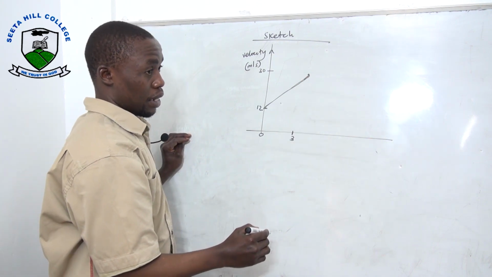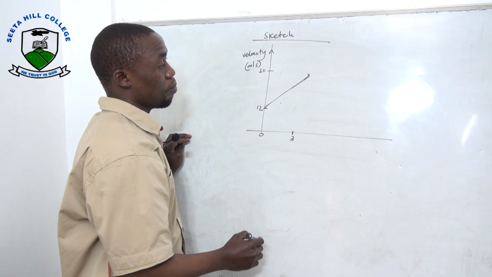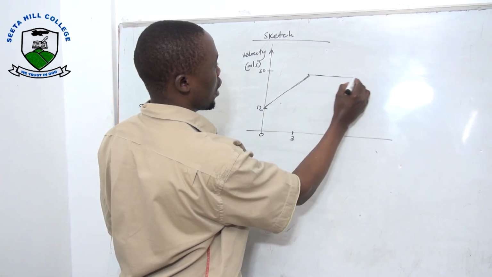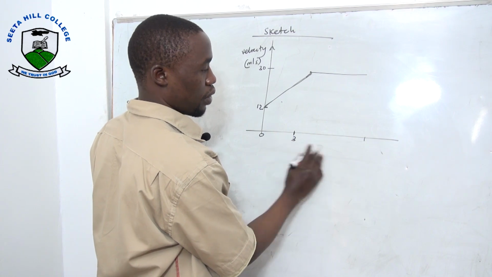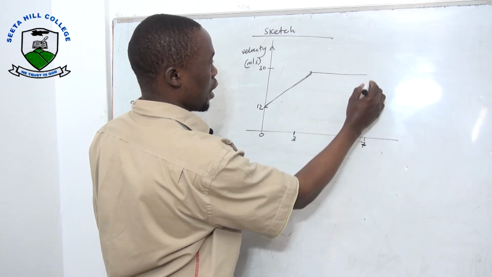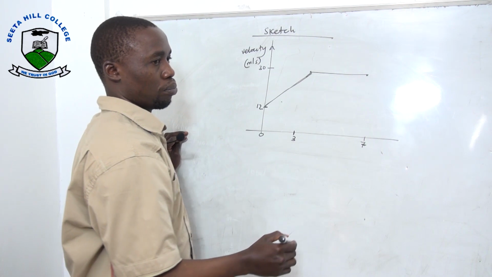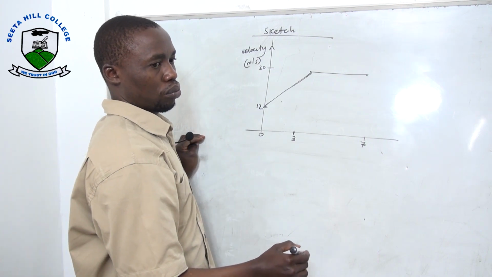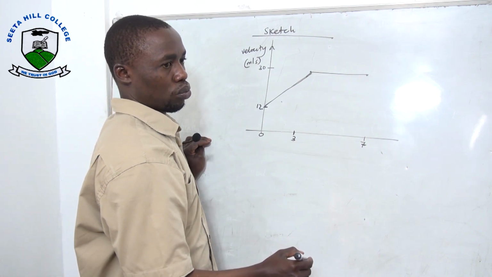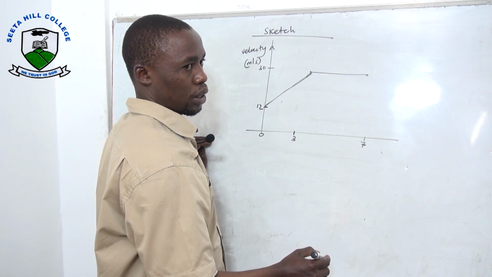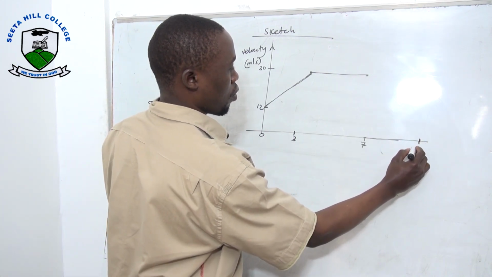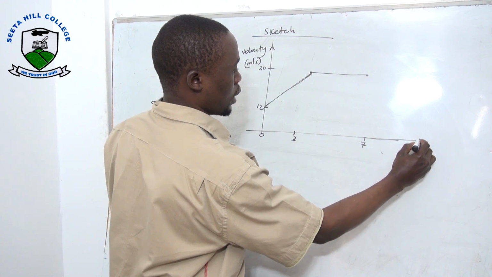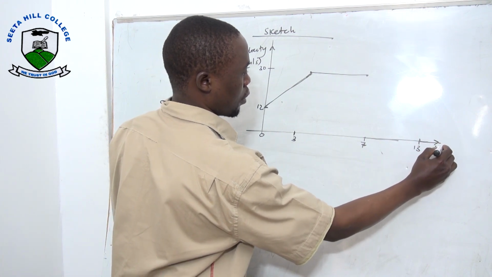It then continues with this velocity. The velocity remains the same for another 4 seconds. If it is 3, that's 7. And it decelerates uniformly to rest in 6 seconds. In 6, that's 13.